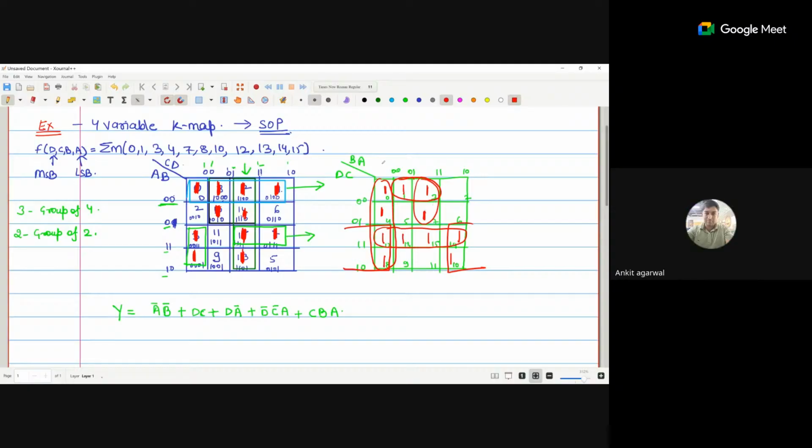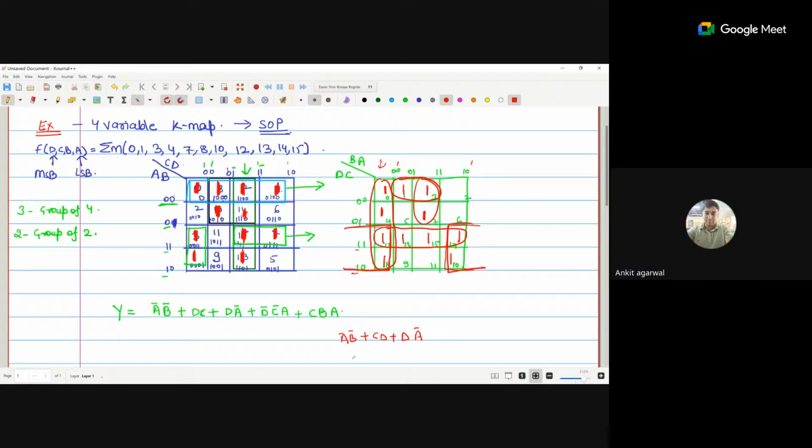So if we write an equation for this one, this group is there, that is again A bar B bar, plus if you write an expression for this row, that is CD. Okay, if I write a group of this, D is constant and B A is constant, so A bar.